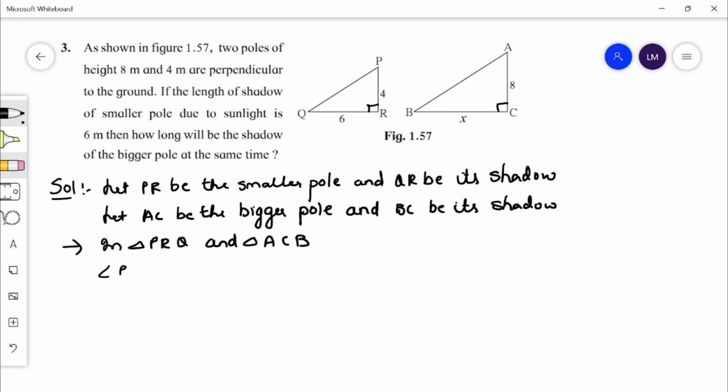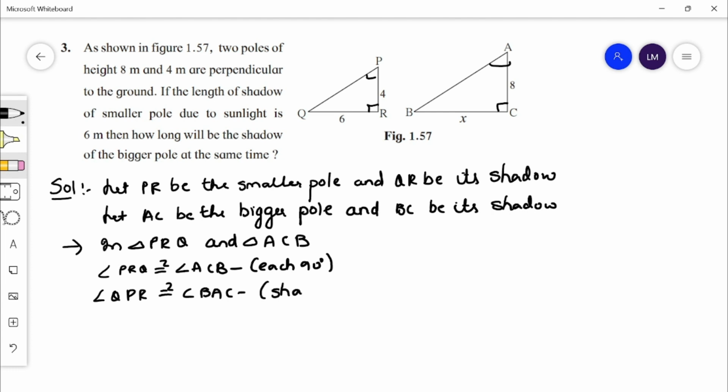So, angle PRQ is congruent to angle ACB. Reason: each 90 degrees, that means a pole is always perpendicular to the ground. Now next is this angle, so this angle will be congruent because shadows are cast at the same time. So angle QPR is congruent to angle BAC.